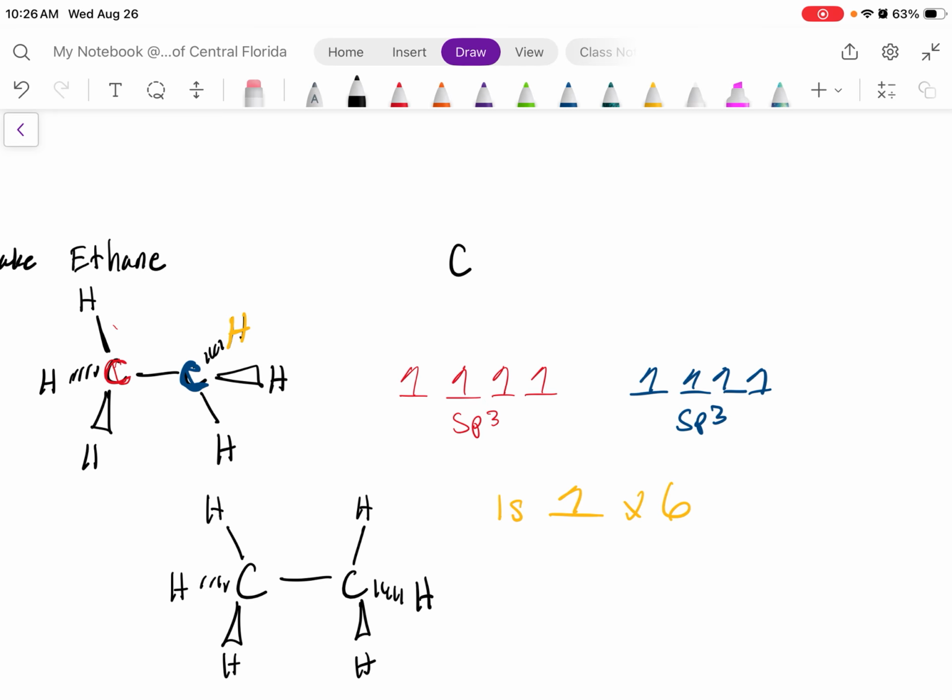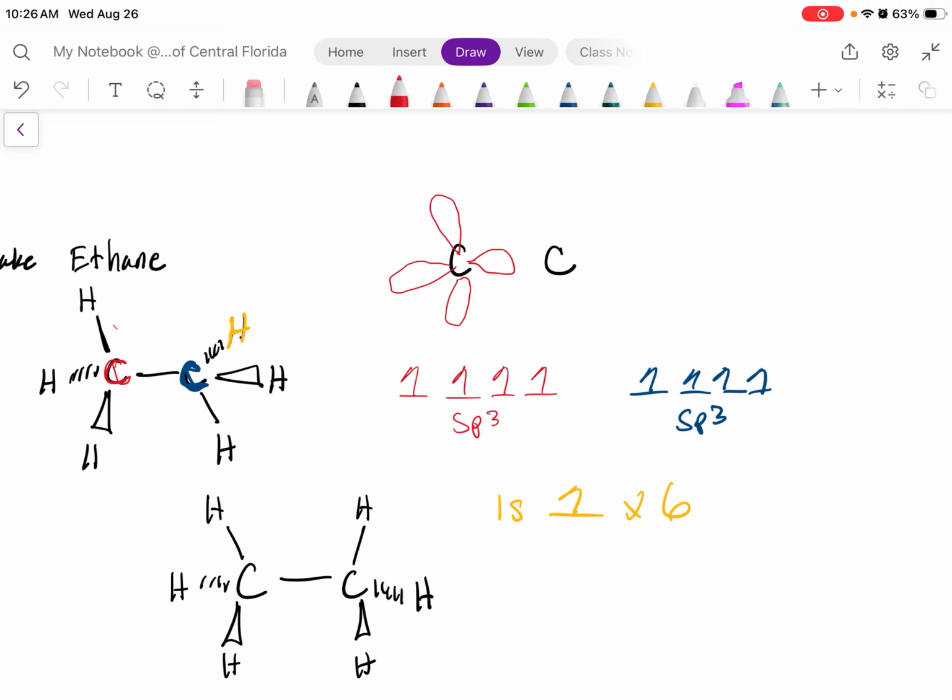Let's draw our 2 carbons right next to each other. The red carbon is going to come with sp3 hybridized orbitals. We're going to have one here, there. This one is the wedge, and this one would be our dash.